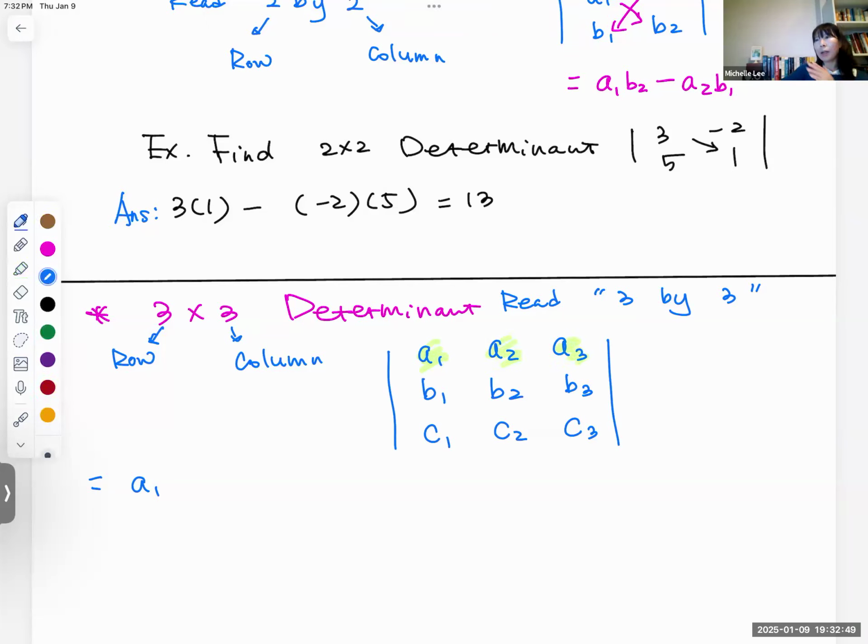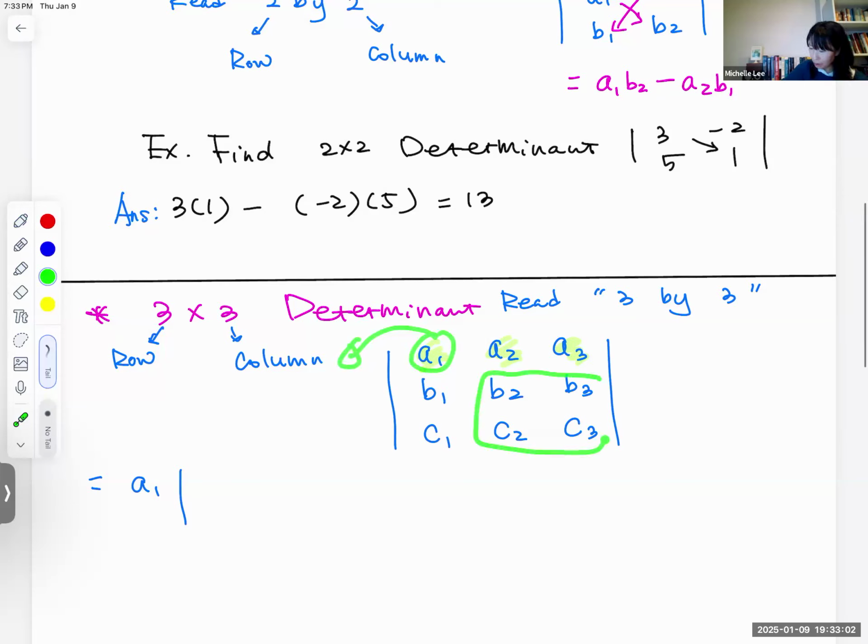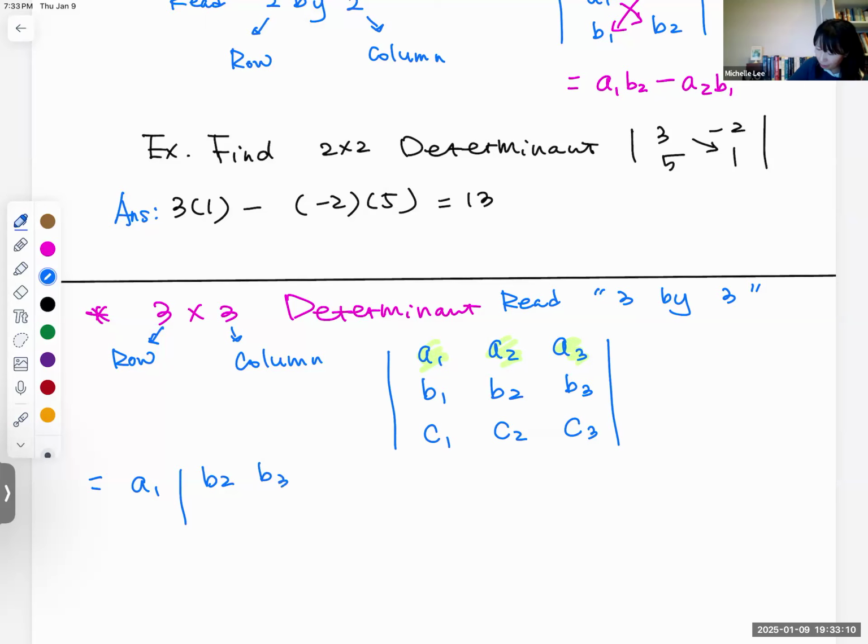Then if we factor out A sub 1, we are using only these numbers. So take out this one, so we are using only these numbers. So there will be B sub 2, B sub 3, C sub 2, C sub 3.